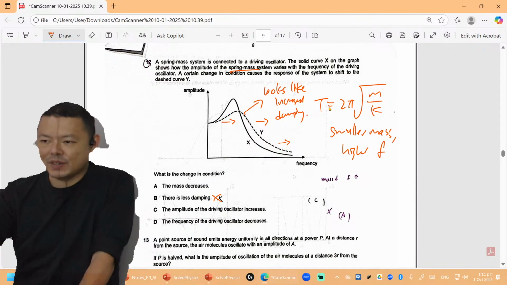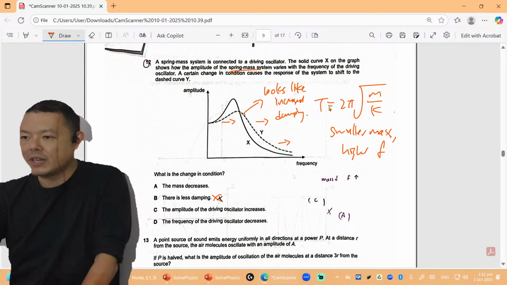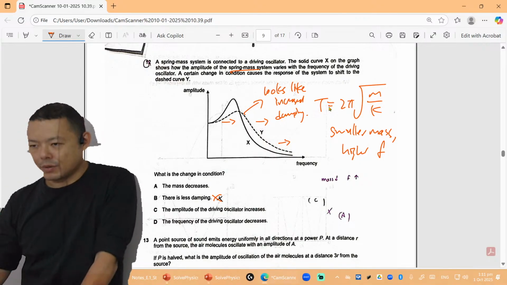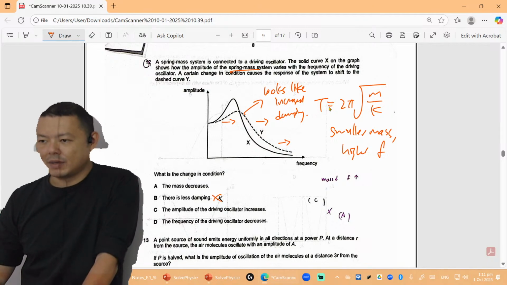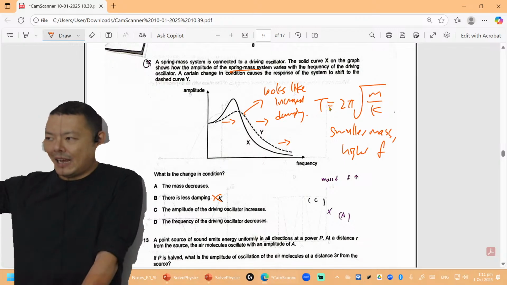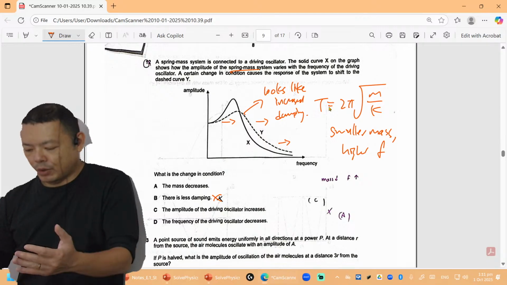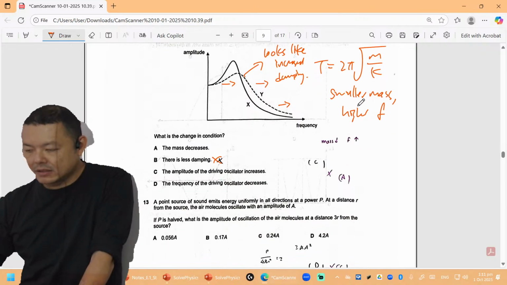Think about a golf ball versus a ping pong ball. Which one is more susceptible to air resistance? A ping pong ball. So that's what's happening here. You use a lighter mass, it is more affected by resistive forces, so it looks like more damping. So two things happening. So A is the best answer.